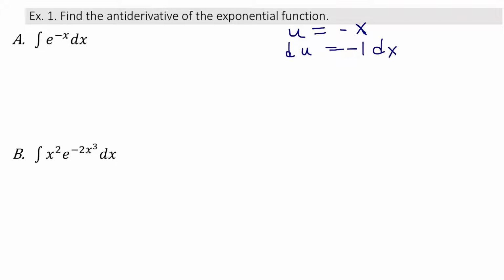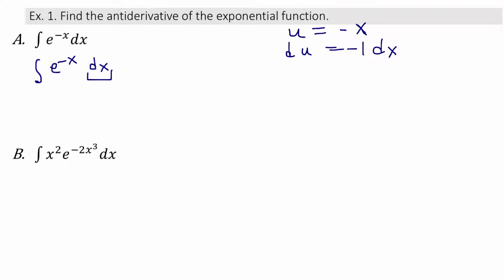Now I go back over to my integral and I see what the form looks like. So I've got e to the negative x dx. This here needs to be a positive dx.